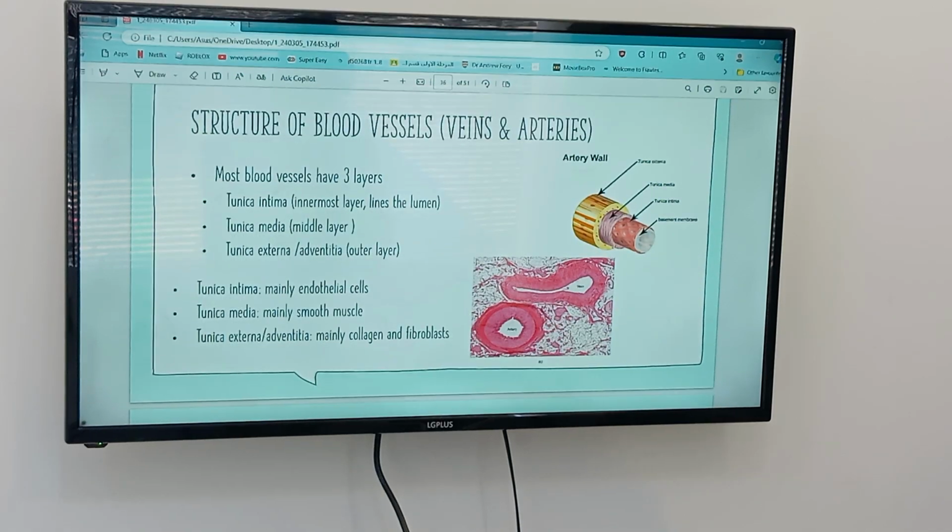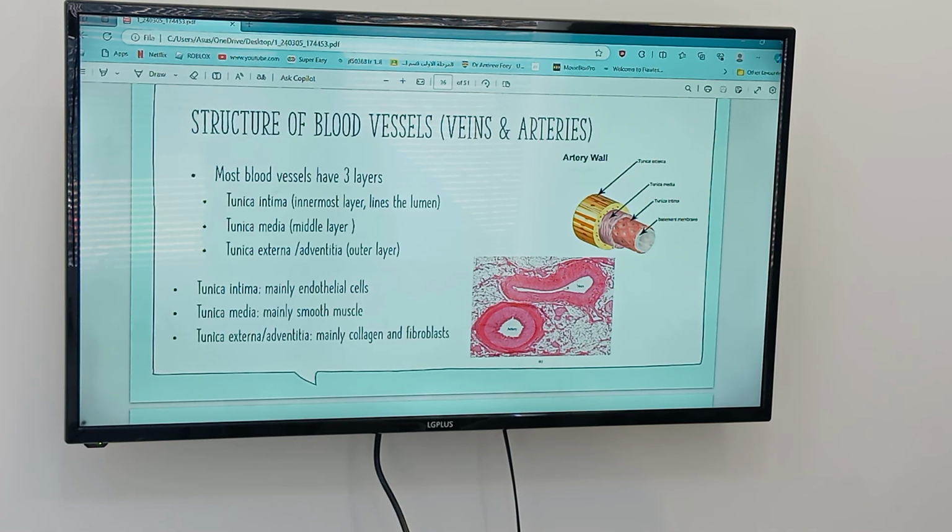Structure of blood vessels. Most blood vessels have three layers. When we make a transverse section of the blood vessels, we can see tunica externa, tunica media, and tunica intima.